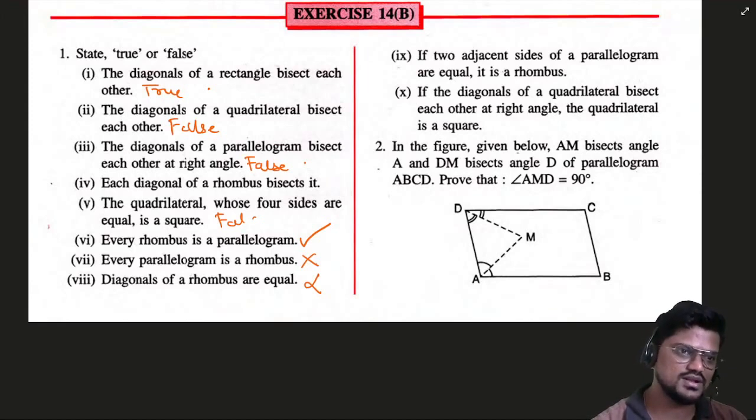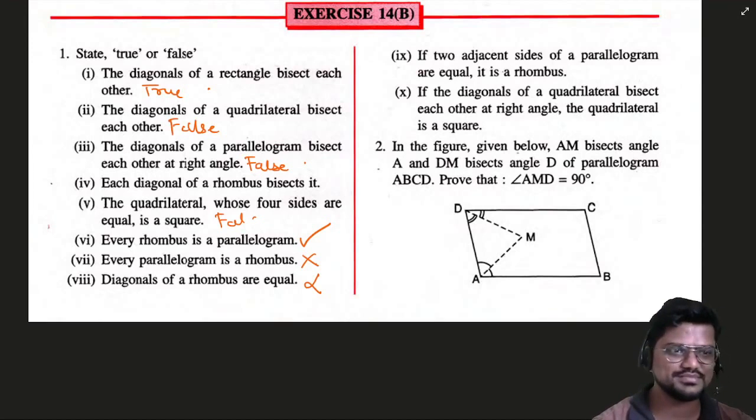Ashutosh, you can tell. Yes, sir, it is a rhombus. Next, if anyone needs any clarification, then please ask. Is it clear, Dhruva? Okay, sir, no clarification required. I understood it.